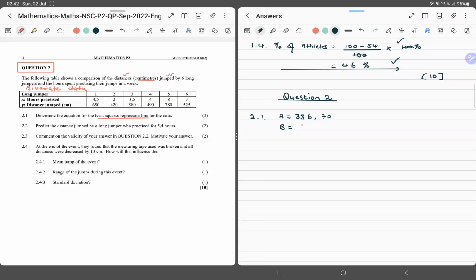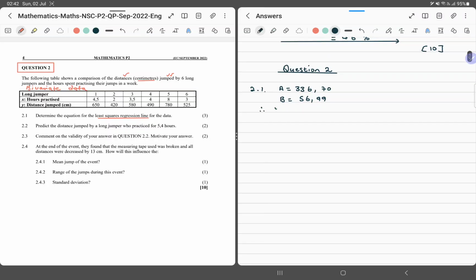It gives us 56,99. We can say therefore our equation is going to be 336,70 plus 56,99x. Okay, so that's easy. So you get a mark for those and then for the answer.